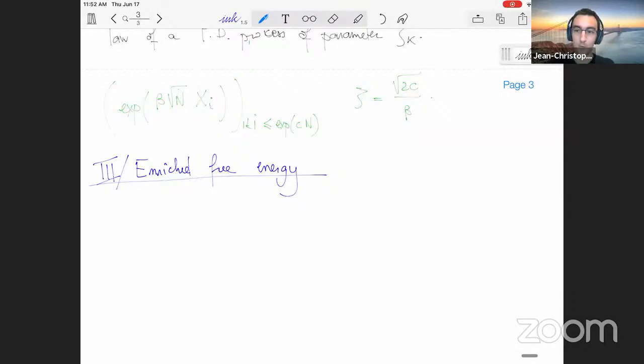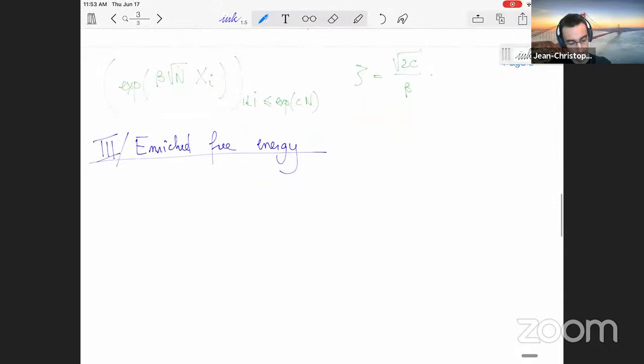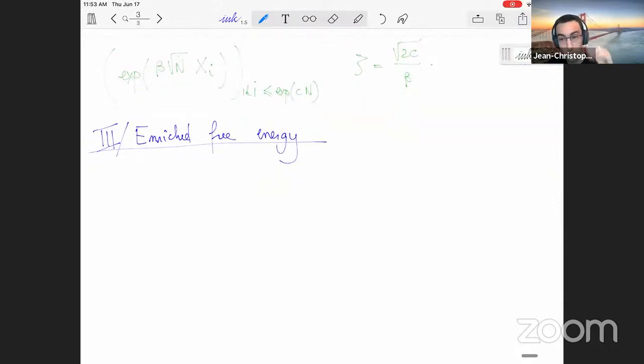And I'm going to put all of these parameters, the Qs and the zetas, into one object, which will be this probability measure mu that we talked about earlier. All right, so let's do this. So now we are ready to define this enriched free energy.